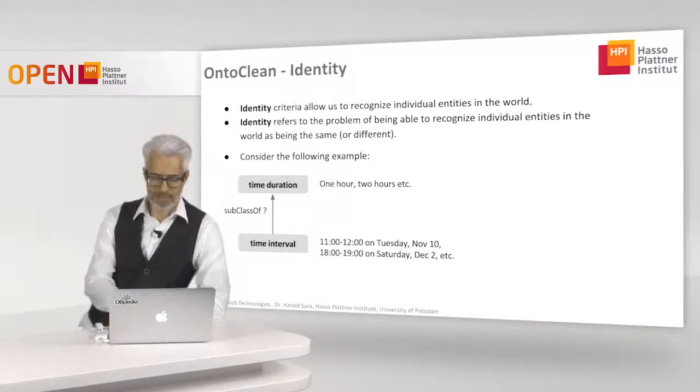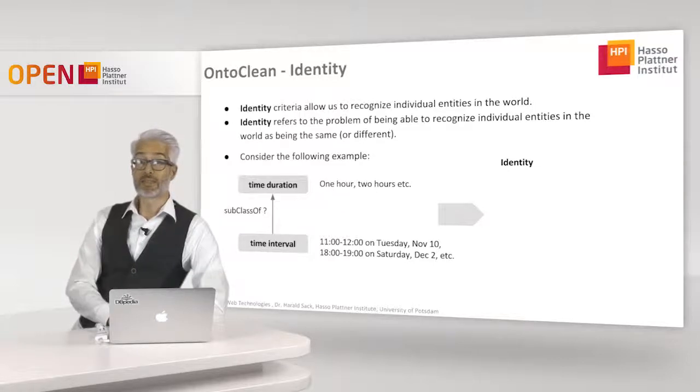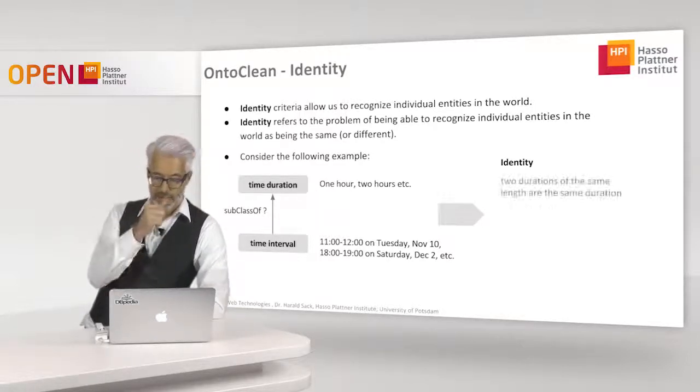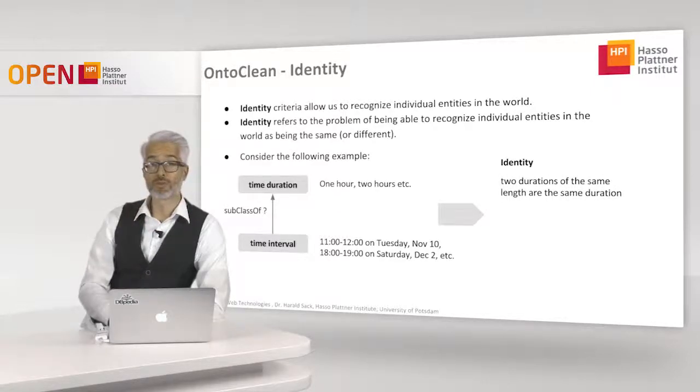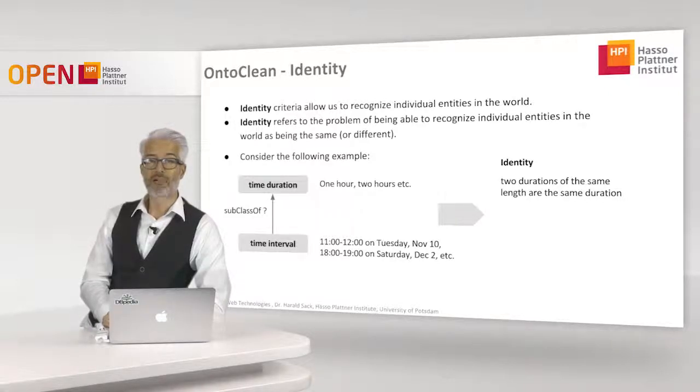Is it therefore really a subclass? We have to look at identity criteria for the instances which are collected in these classes. For example, for time duration, you will find out that two durations of the same length are the same duration. So the length here is an identity criterion. What about time interval?